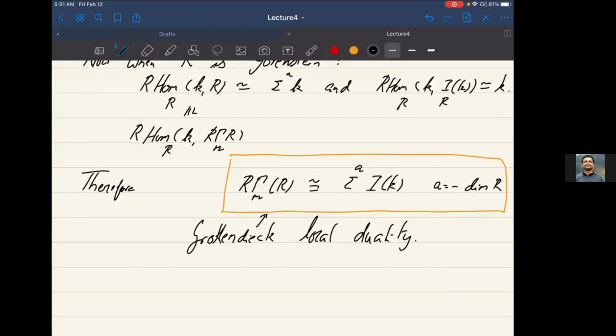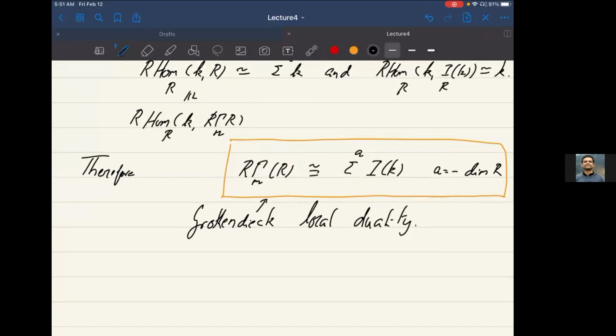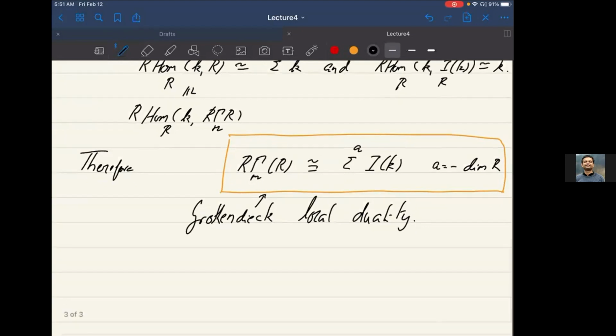So it's saying that two objects, in the world of topology, well, maybe I'll get to that later, are two different objects that in general have no business being the same, but they end up being the same.